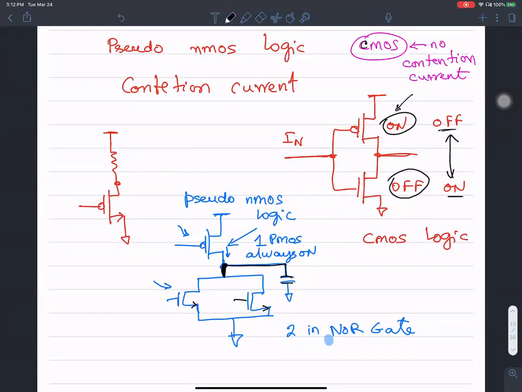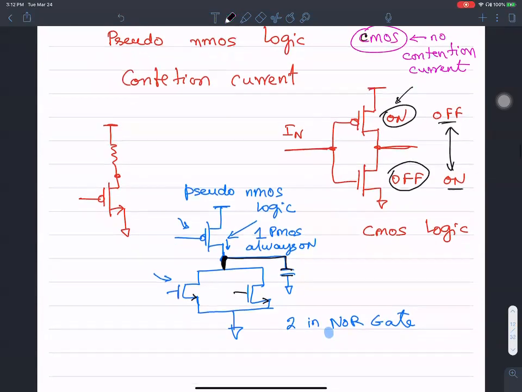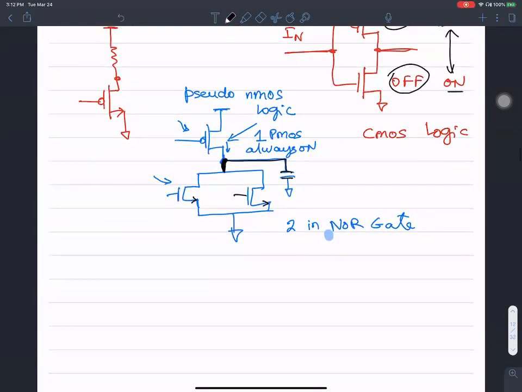But if we look at different logic families besides CMOS, so if I look at this guy, called a pseudo NMOS logic, what you can see is the pull-up network is composed of just one PMOS transistor that is connected to ground.